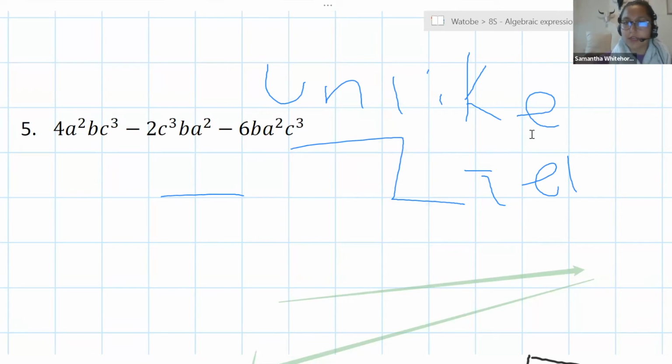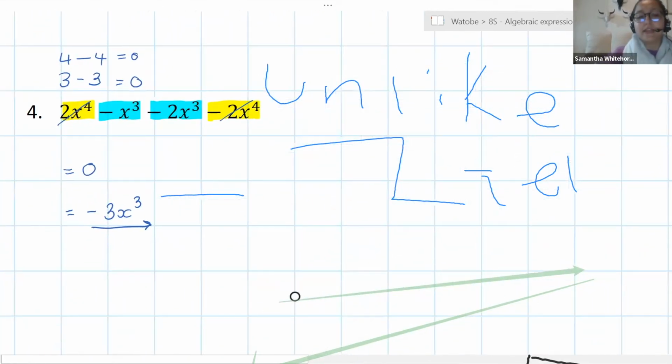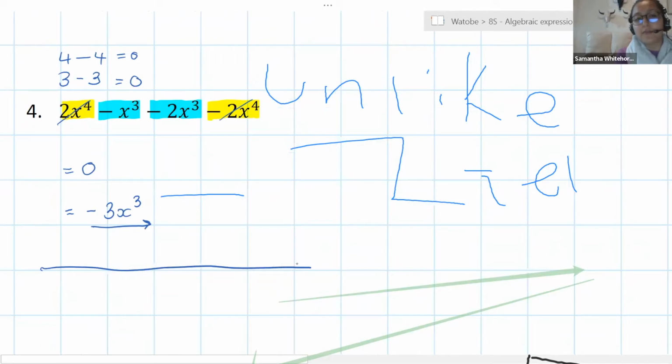So while you're thinking about that, the question was just to explain how we got negative 3x cubed in question 4. So if I quickly scroll back to question 4, we got negative 3x cubed because, if I imagine a number line, I'm starting with negative x cubed, so I'm starting at a negative 1 essentially, x cubes.